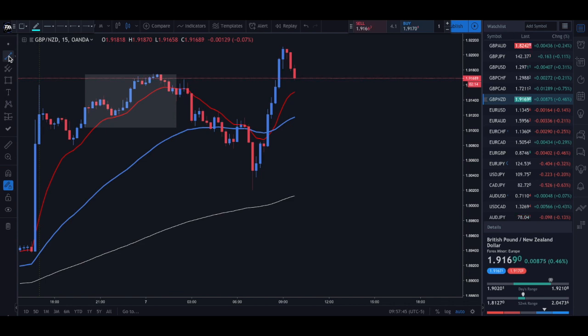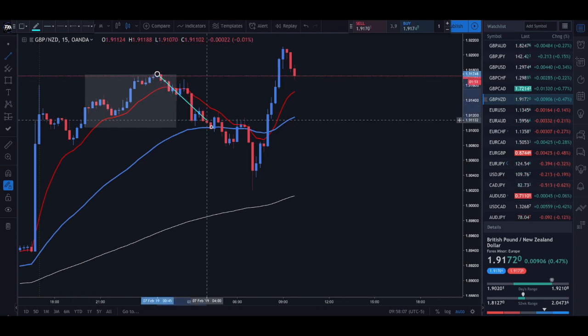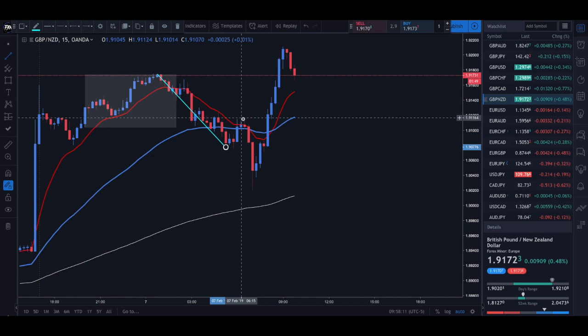All right, let's move on to pound NZD. And on pound NZD, we had almost a very similar setup, essentially, to what we saw on pound CAD. We didn't have the clear setup here to sell, but we did have the clear setup to buy.